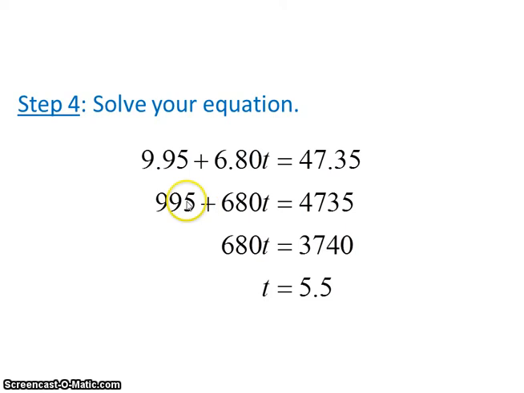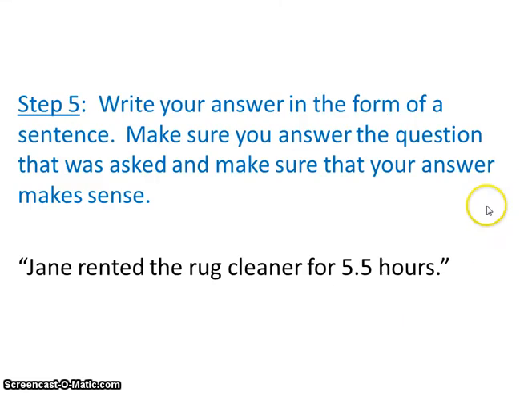You're probably going to have to use a calculator anyway for these types of problems when you have numbers in the hundreds and thousands. So it would be just fine to say subtract $9.95 from both sides and divide both sides by 6.8. You'd still get the same answer of t equals 5.5.